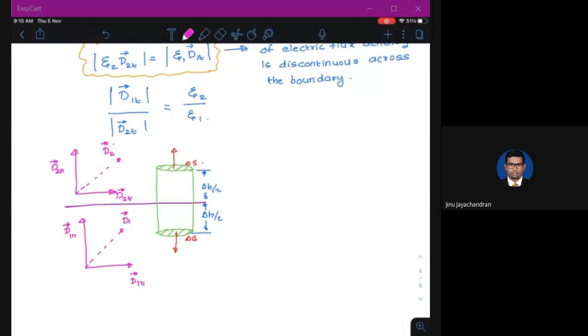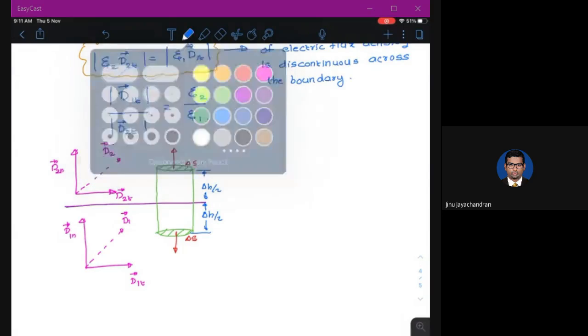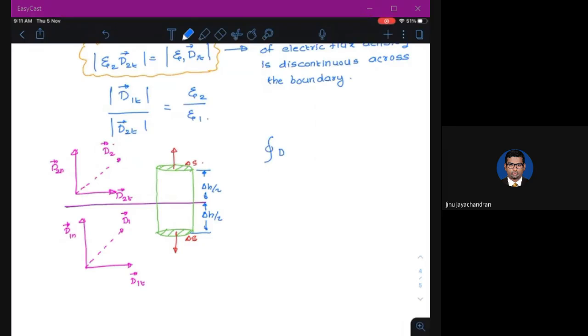Here we are going to make use of our Gauss law, which is the surface integral of D dot dS is equal to the charge enclosed, Q, which can be written as the integral of rho s dS. Because we have already seen, if you integrate surface charge density over the surface area, you will get the charge enclosed.